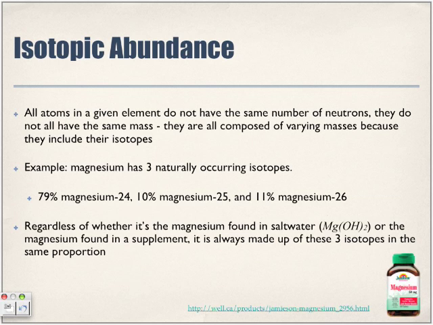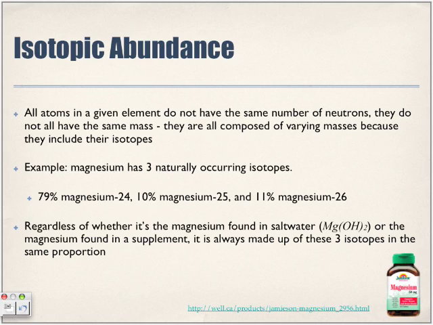Okay. So, now, isotopic abundances. All atoms in a given element do not have the same number of neutrons. They do not have the same mass. They are composed of varying masses because they include their isotopes. As an example, magnesium has 3 naturally occurring isotopes.